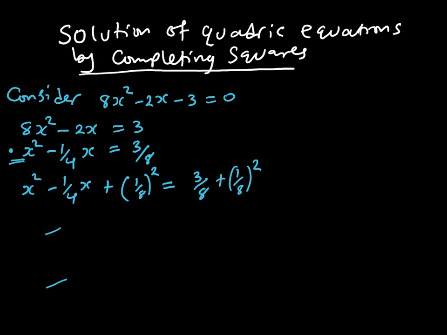So what comes next here? What you are going to do, don't bother squaring this term on the left hand side. Just write x minus 1 over 8 squared is equal to 3 over 8 plus 1 over 64.